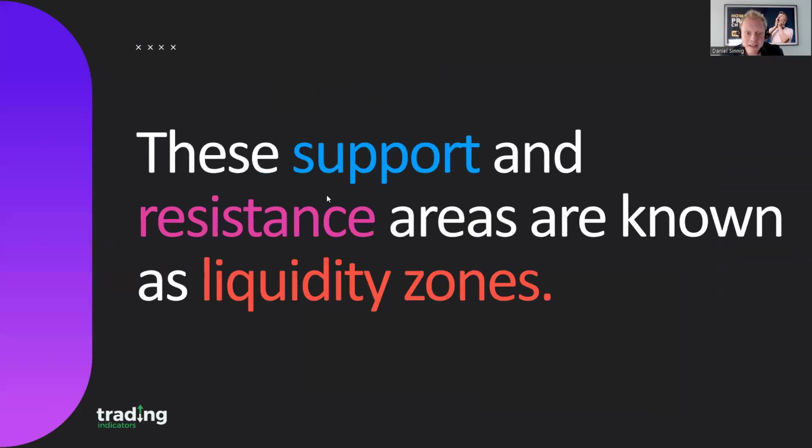And if these levels are combined with abnormally high volume at these swing lows or swing highs, then these are often referred to as what's called liquidity zones, because at these levels, liquidity jumps up. This is great for the big money players because they can get their huge orders filled, and it will influence price even more. All right.